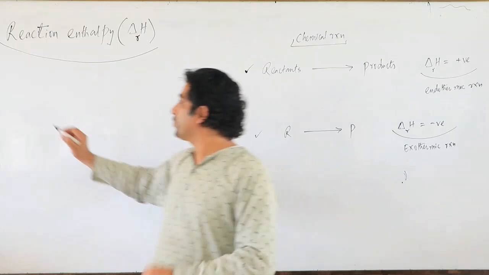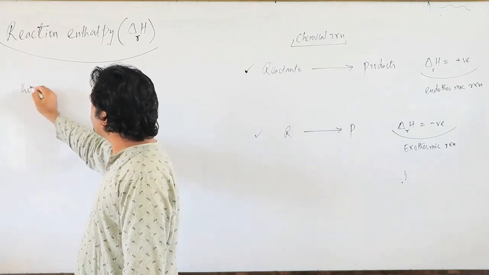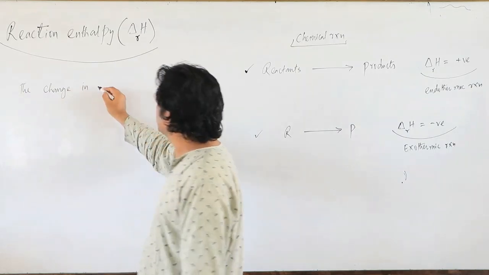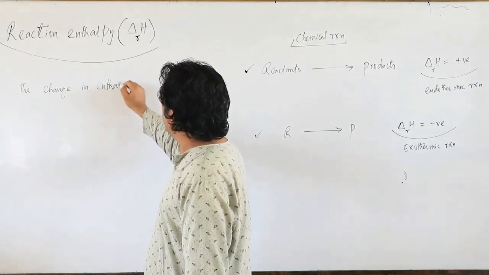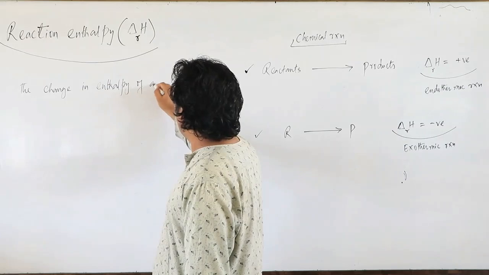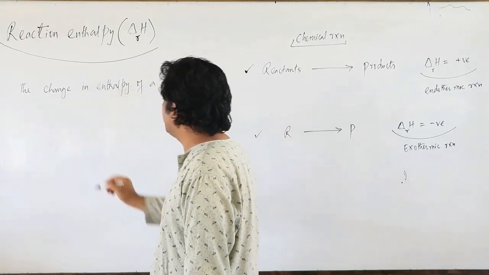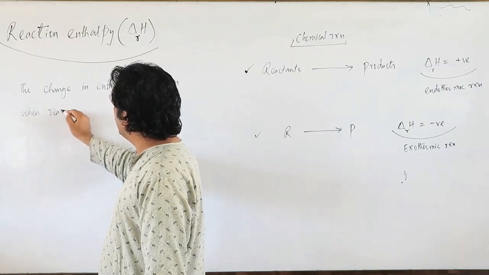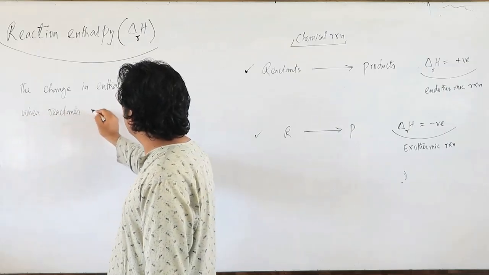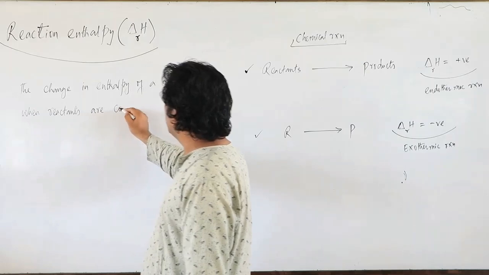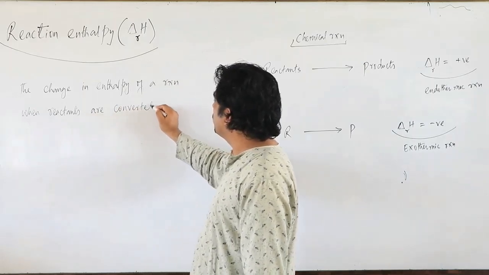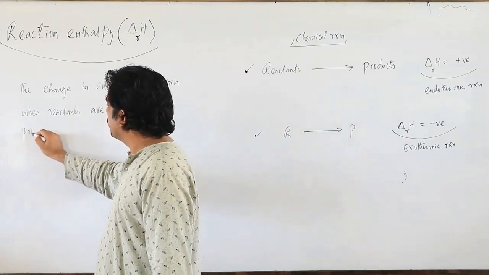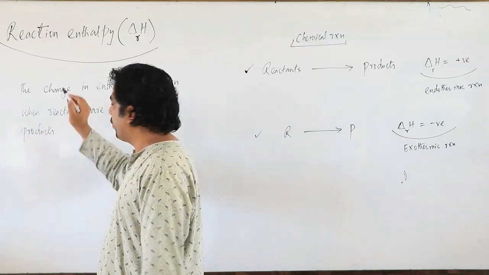So I will write down the change in enthalpy of a reaction when reactants are converted into products.